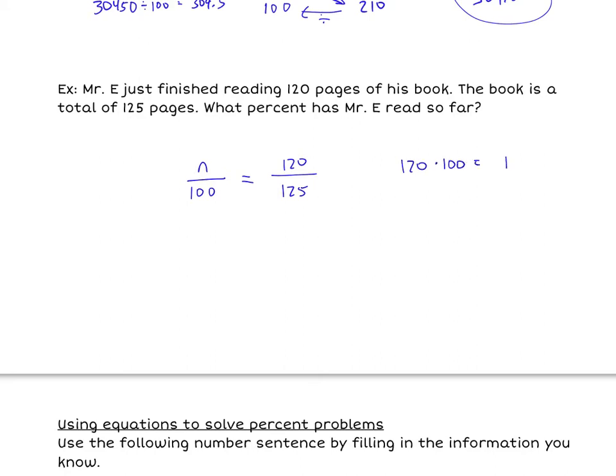It's 12,000. Then you're going to do 12,000 divided by 125. How much, Peyton? 96. And is my final answer 96 or am I missing anything? 96%.